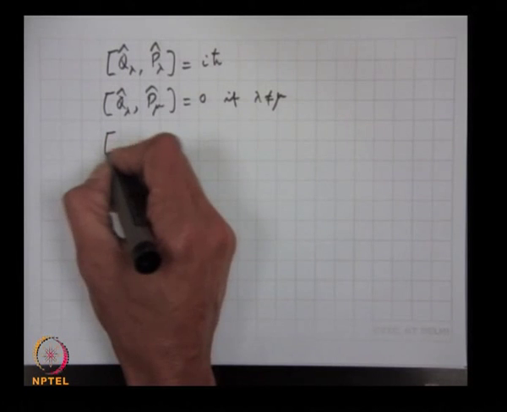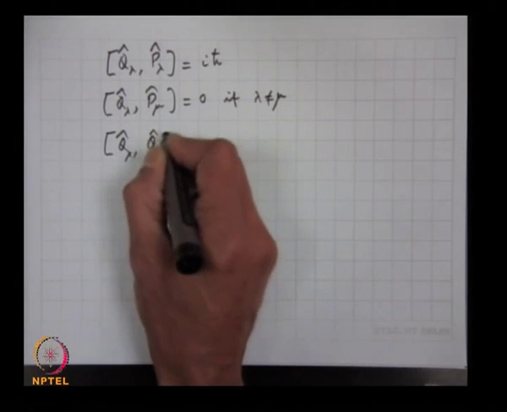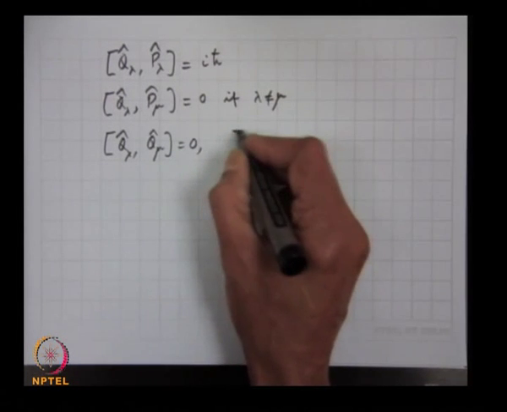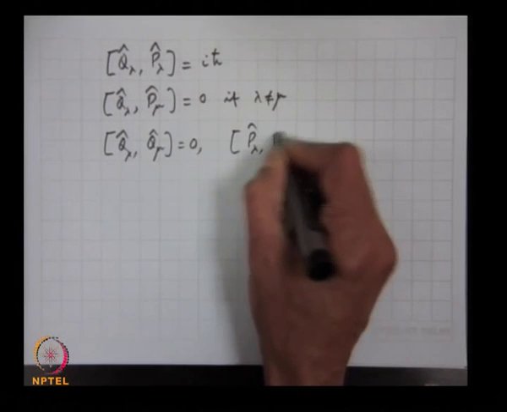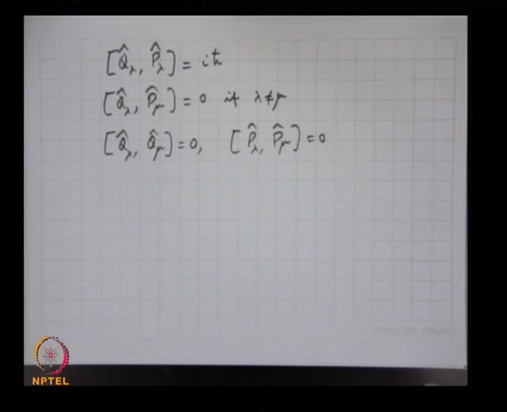And of course, you have Q lambda Q mu is equal to 0, and P lambda P mu is also 0, right? They commute.